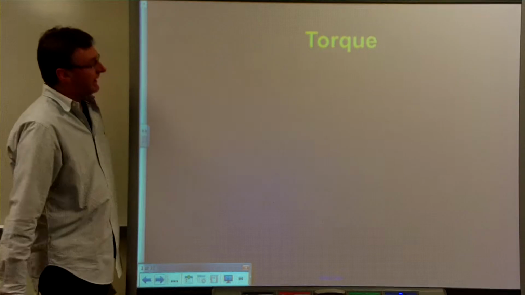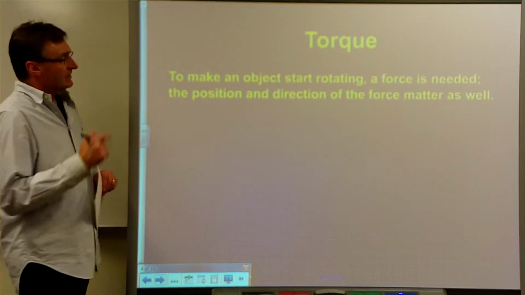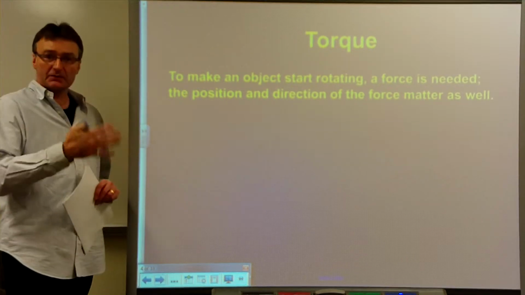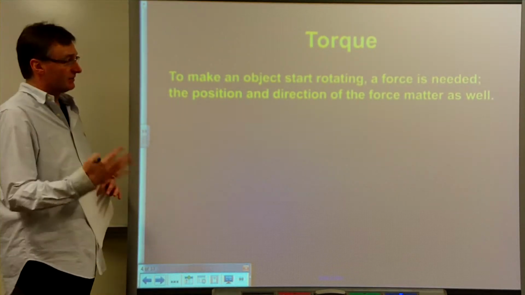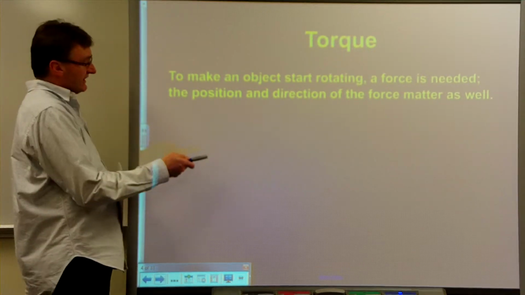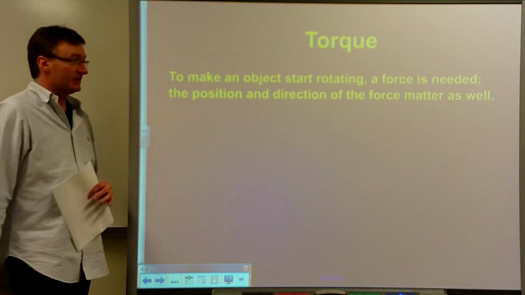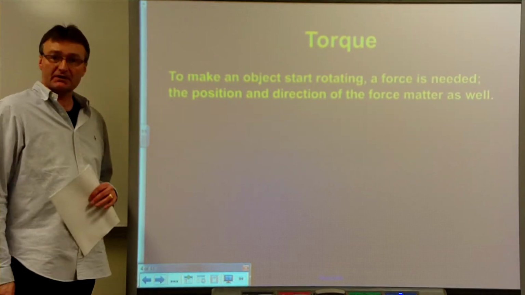So what do we actually mean by torque? Torque will start to make an object rotate. A force is needed, and the position and direction of the force matters in terms of how that object is going to rotate.